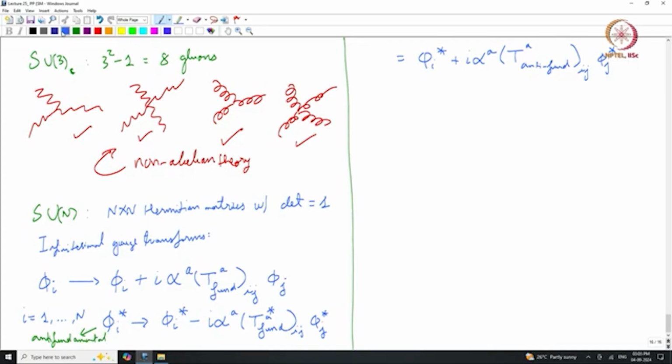So, what have I made use of here? I can write this because I have made use of the relation, this. That should be obvious. Not only that, I have also made use of the generators being Hermitian.